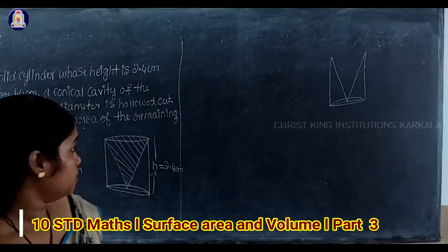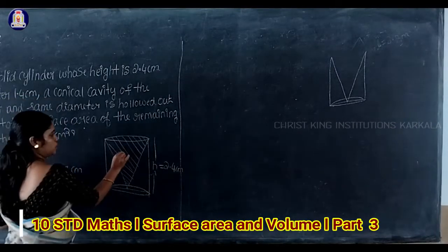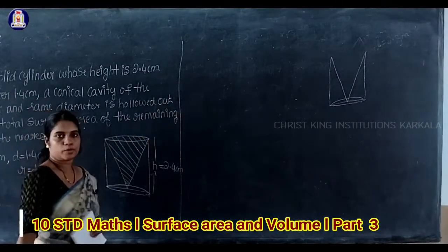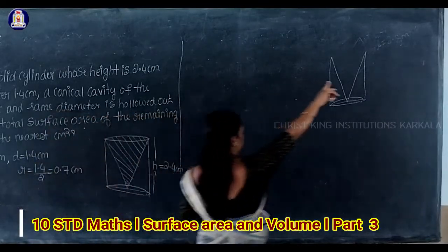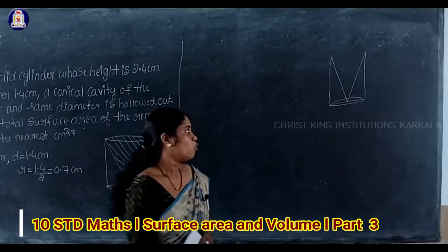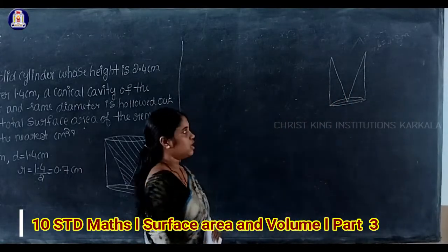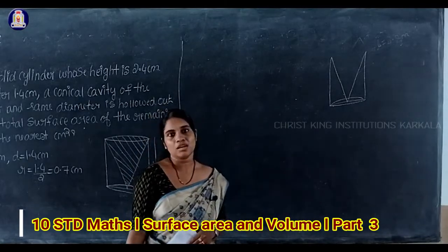From this cylinder, if you remove this shaded part, this is your remaining portion. Now I am going to calculate the area of this remaining portion.